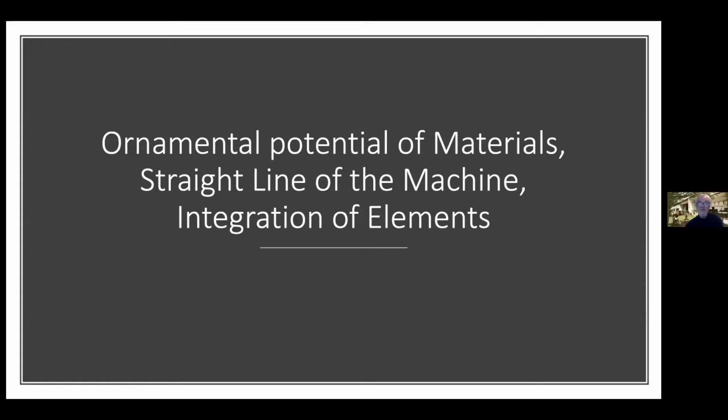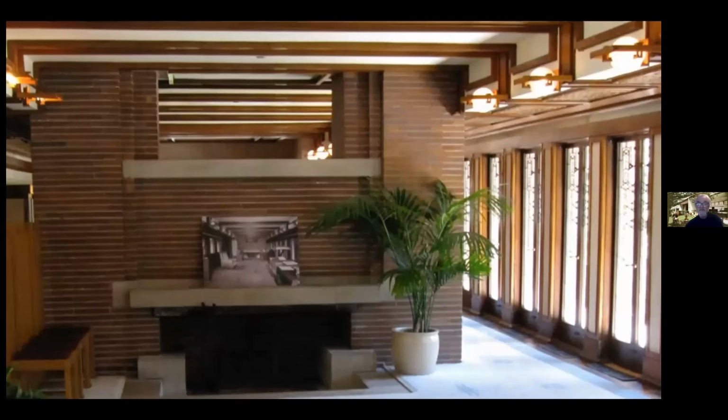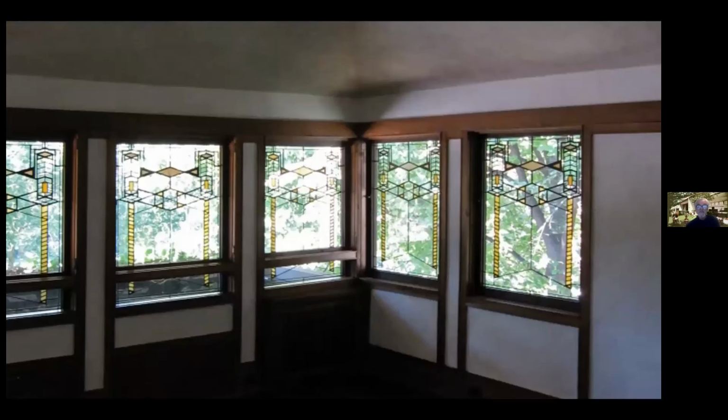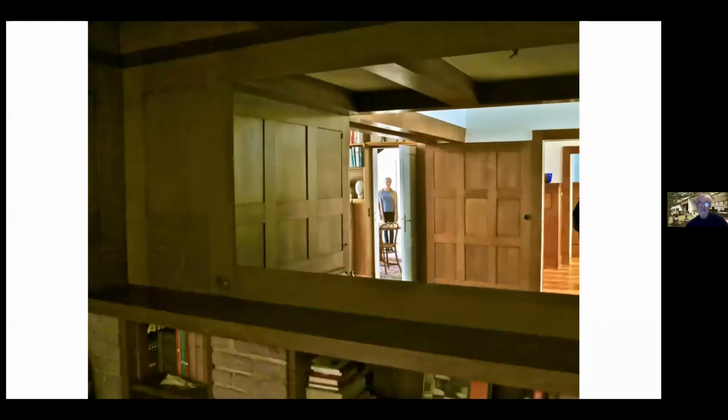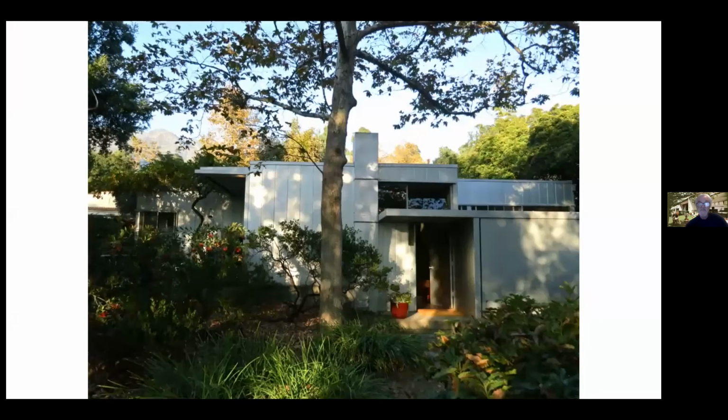The ornamental potential of materials in the straight line of the machine, the integration of elements, we see it with Wright's beautiful Roby House. The pattern of the framing is integral here. The texture blocks of the Freeman House in Hollywood. Also, Adolf Loos used materials in this way, where the materials themselves were the decoration.